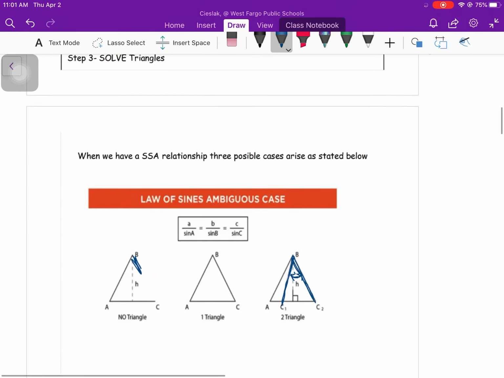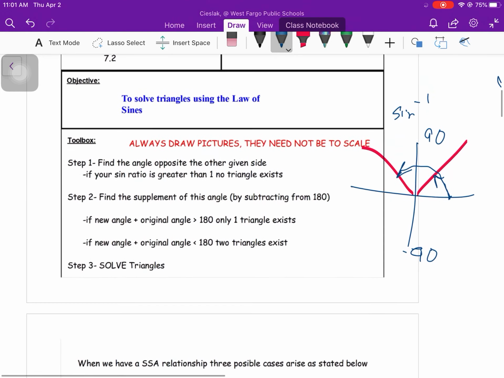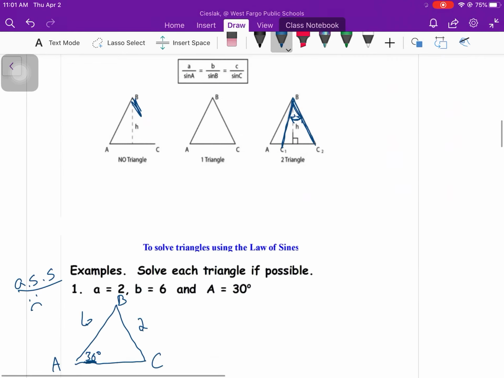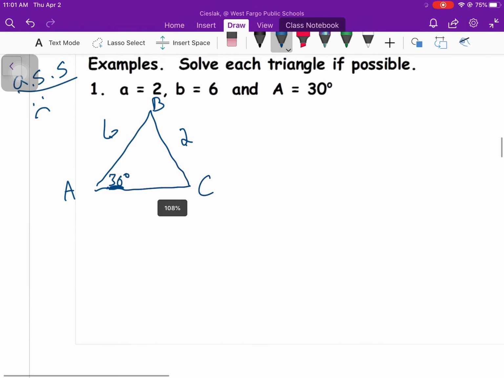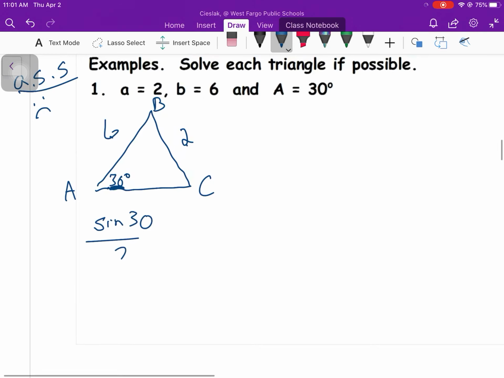Okay, so step 1, if you remember from our process here, is always find the angle opposite the other given side. Okay, so I could set this up and go sine of 30 over 2 is equal to the... Did I label something wrong here? Yes, I did. Oof. That would have been bad.